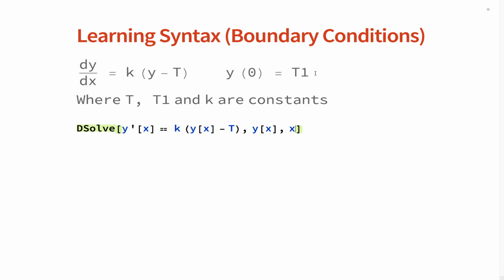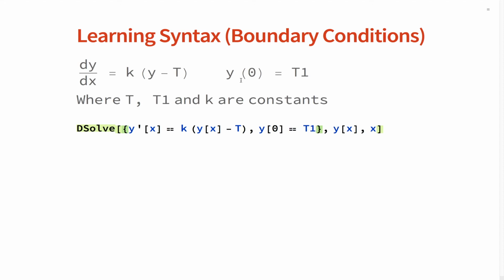Now how are you going to take care of the boundary condition? Basically this has to come here as a list. So what I can do here, you can get this into curly braces. You know that in Wolfram language, curly braces are used for lists and ranges, and then you can mention over here y of 0 is equal to, equal to is double equal sign, and t1 as a constant.